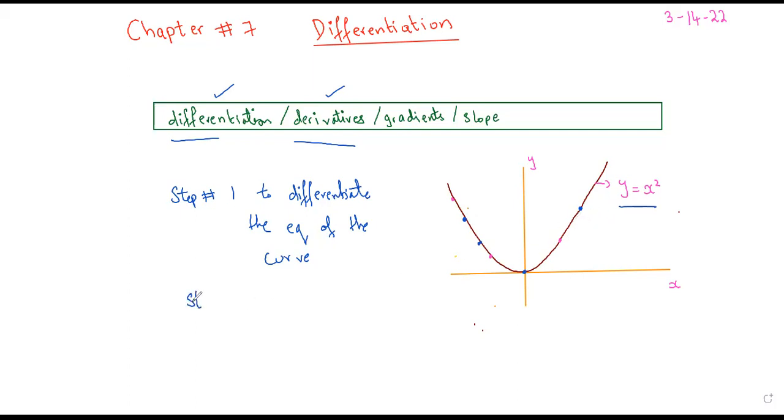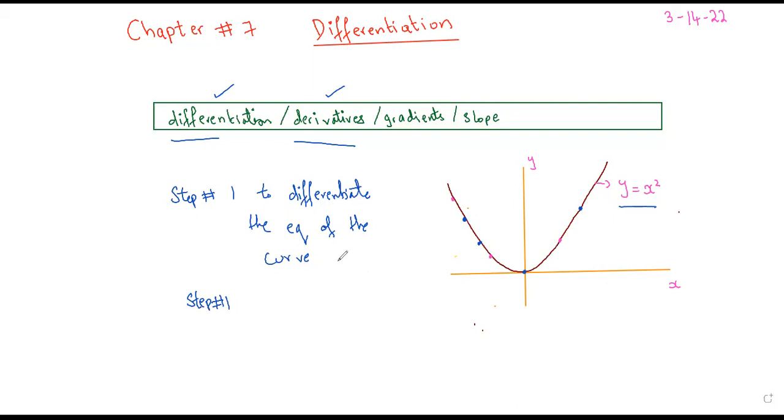And step two is, now step one was to differentiate the equation of the curve. I did not talk about how to differentiate it. Just know, once you differentiate it, you would get an expression that has x in it.